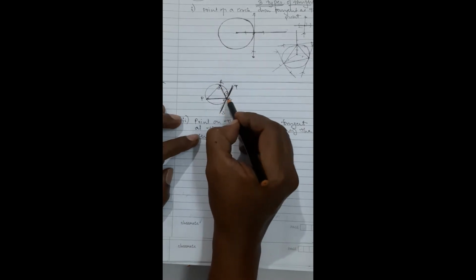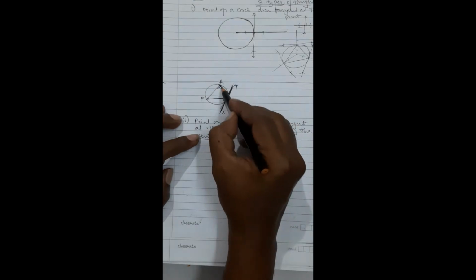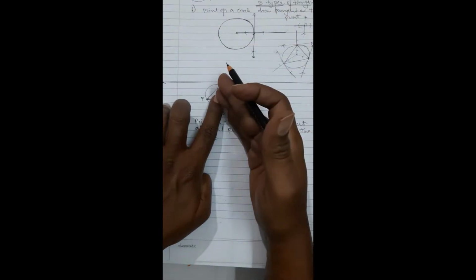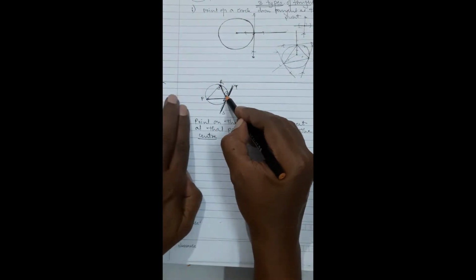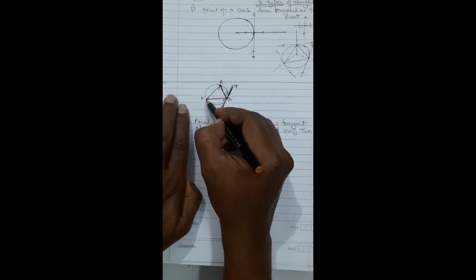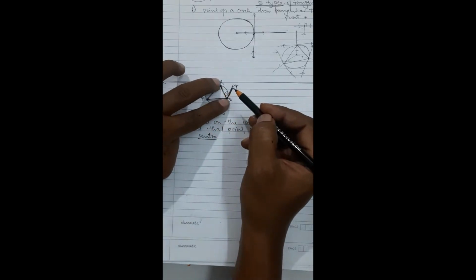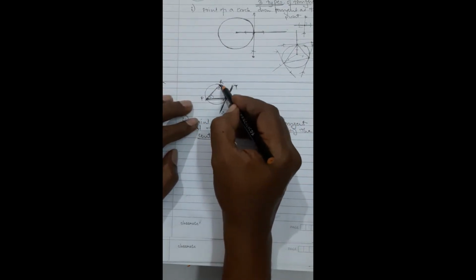RQ should subtend an angle on the circle on the opposite side. Considering RQ, angle RQT is on the right hand side. So RQ should subtend an angle on the left hand side. Where will it subtend? RPQ. This is the angle subtended by RQ on the left hand side. So this angle RPQ will be congruent to angle RQT.